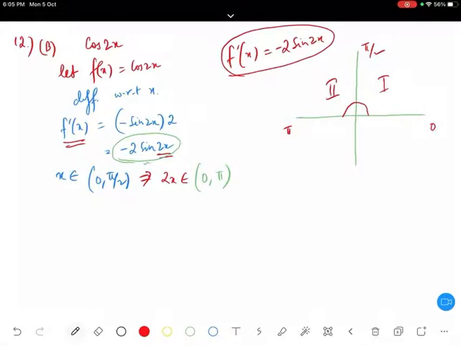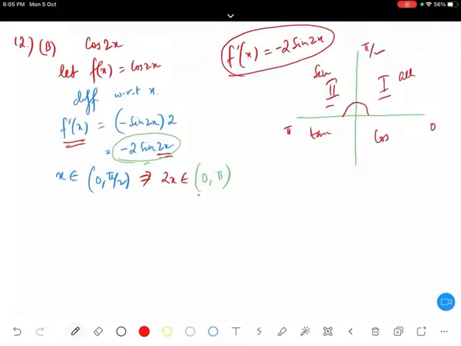In first quadrant and second quadrant, sine theta is positive or not? We have learned in trigonometry all sine, tan, cos. So what we can say is that sine is positive in both first and second quadrant, right?